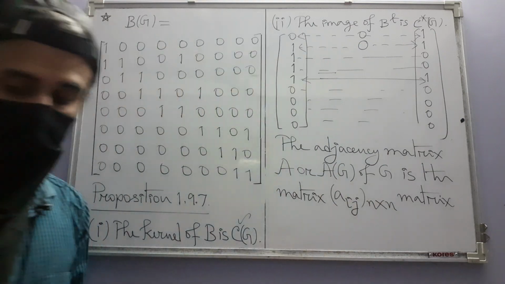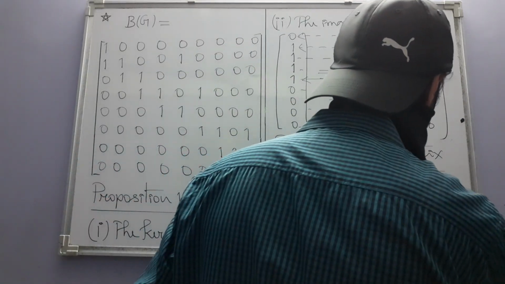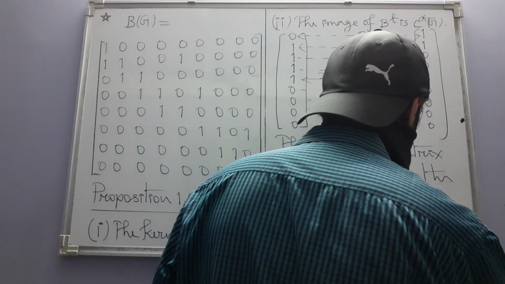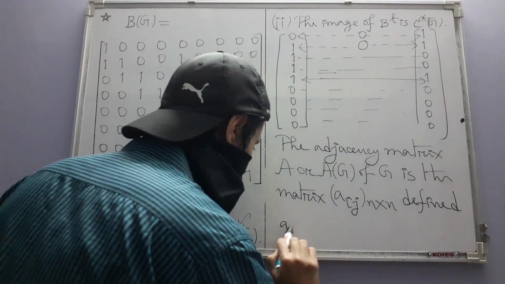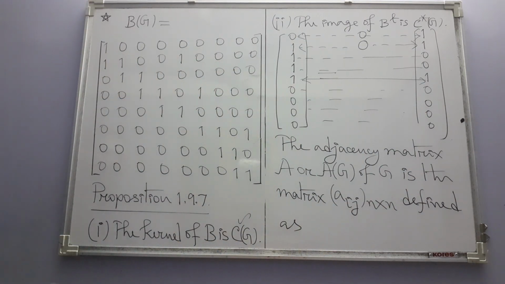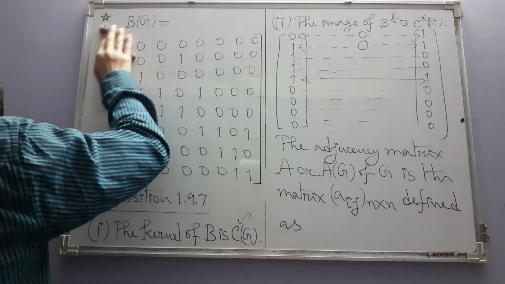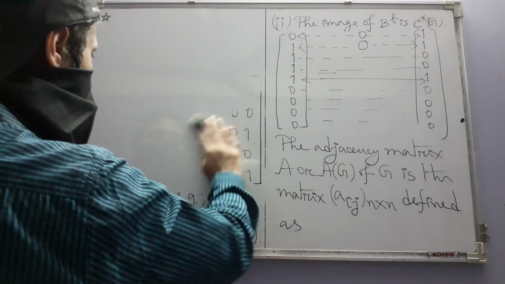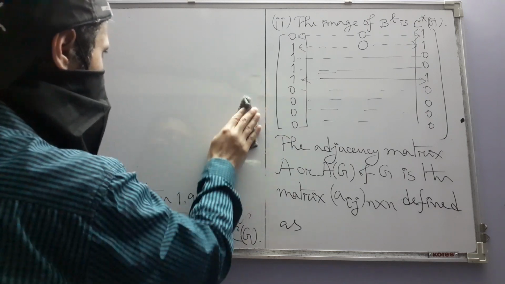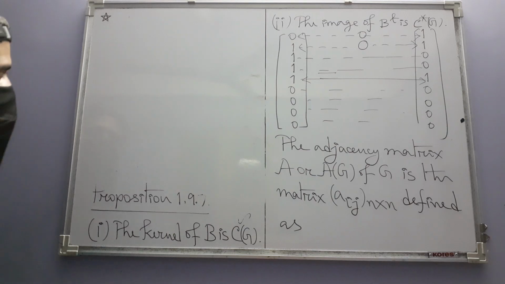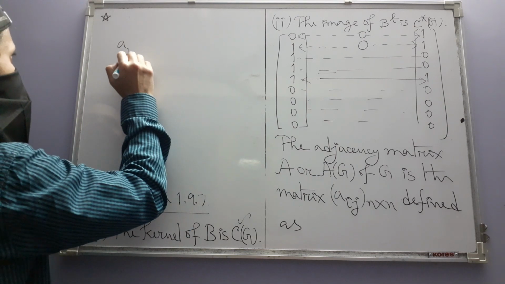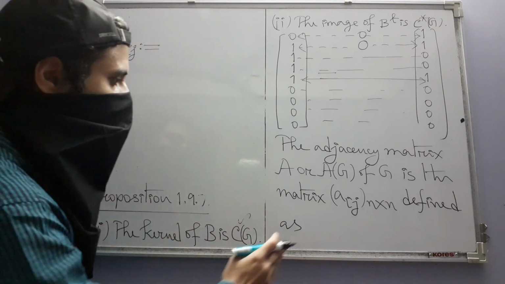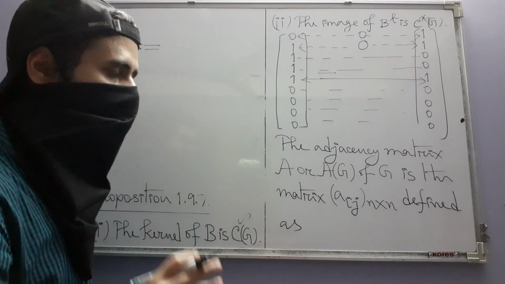Defined as, so here rows and columns are both going to correspond to vertices.